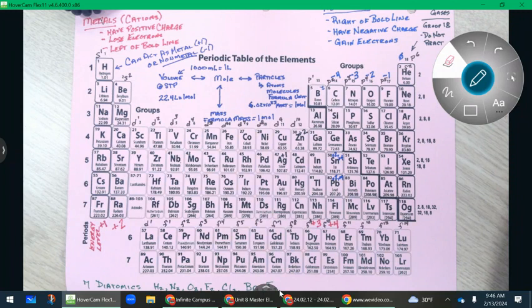So we always fill from the lowest energy up. So the four S's will actually fill before the three D's. Then, after the three D's are filled, you'll get the four P's, right? Well, look at your periodic table.